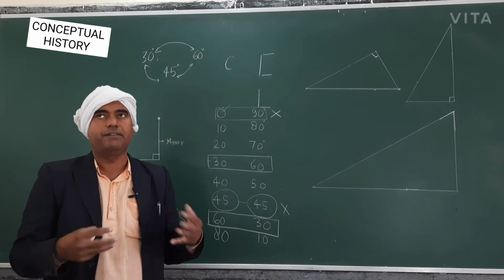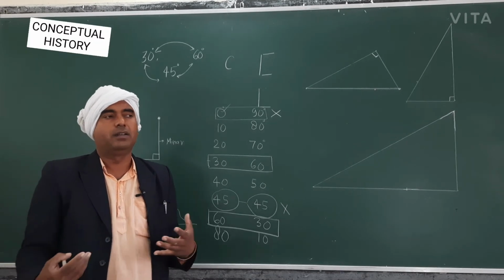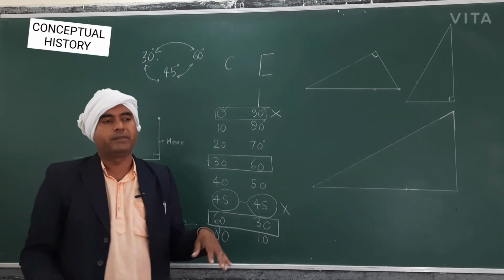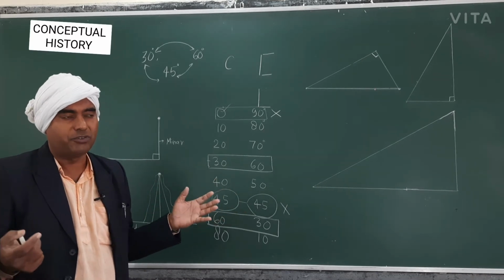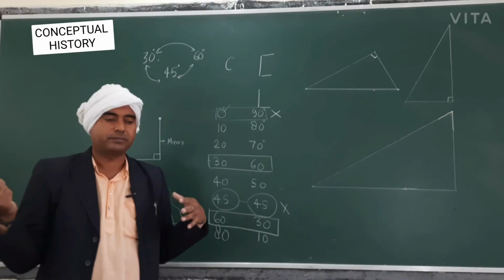After the 10th century, 11th century, 12th century, the political condition of India was not stable. So that's why invaders and outsiders came here, and New Delhi was formed. Qutub Minar in the 13th century, 12th century.